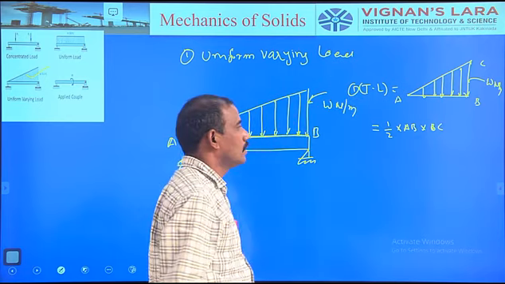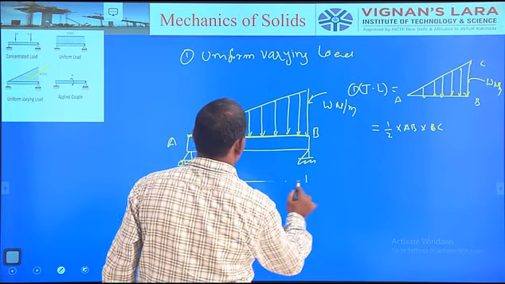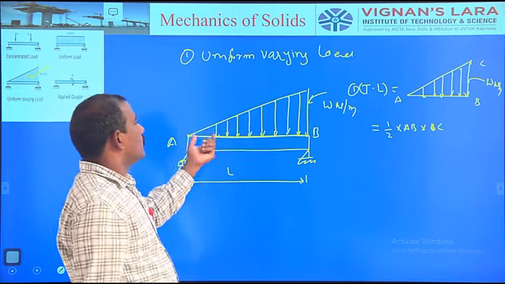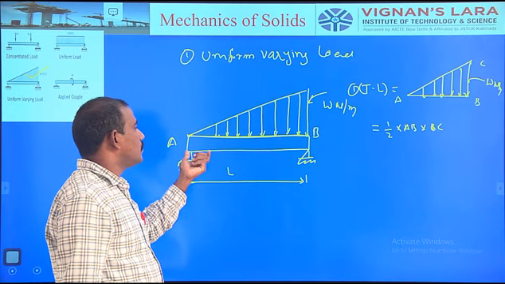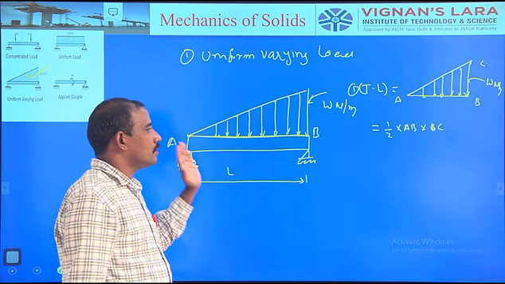Here the length of the beam is, as usual, L. The load is distributed over the distance AB linearly from A to B, from 0.